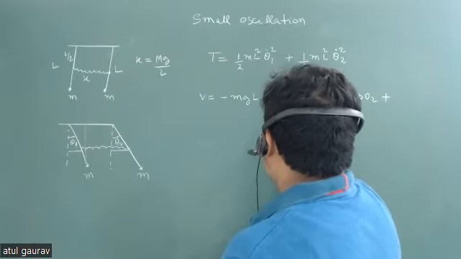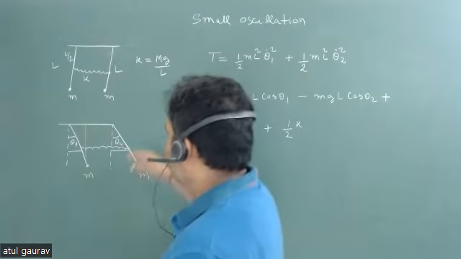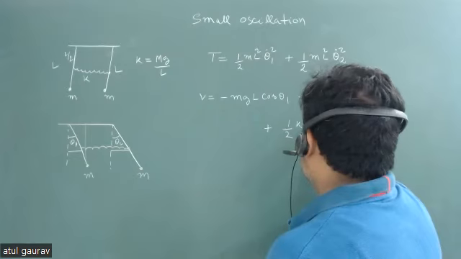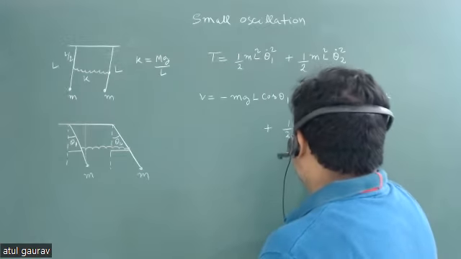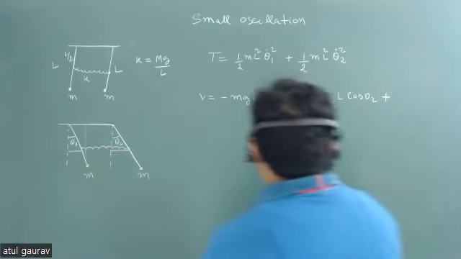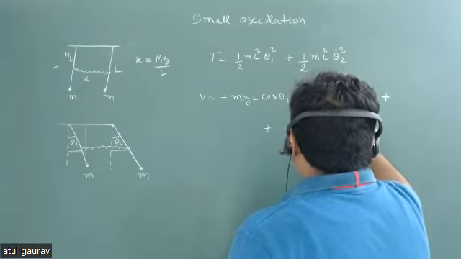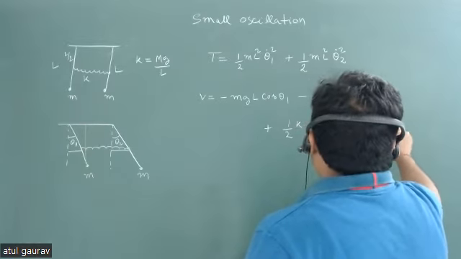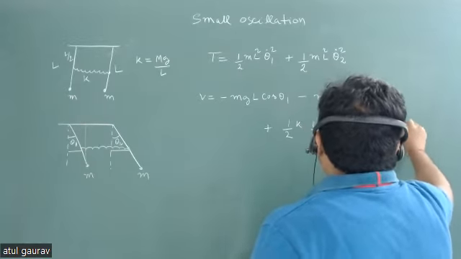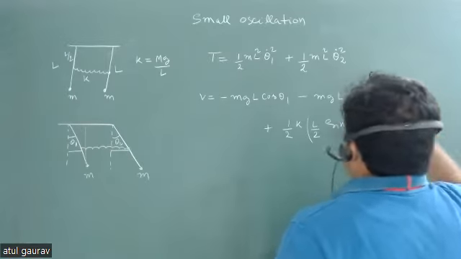I am adding plus here, half K, what is this distance? Tell me. L by 2, because this is at L by 2. So L by 2 sine θ2 minus L by 2 sine θ1, whole square.